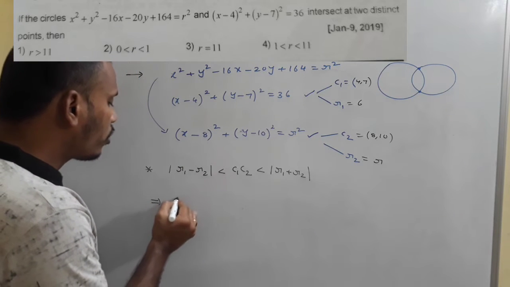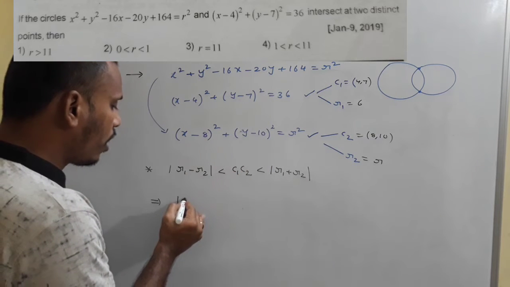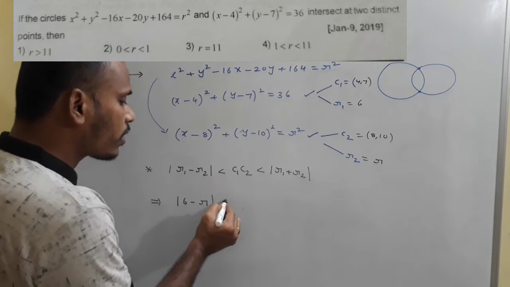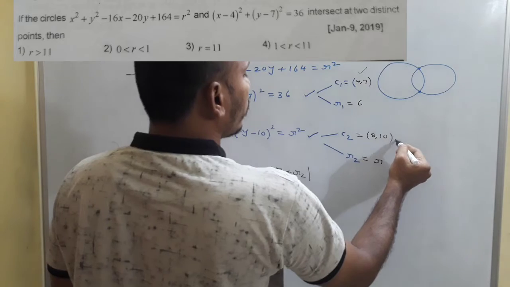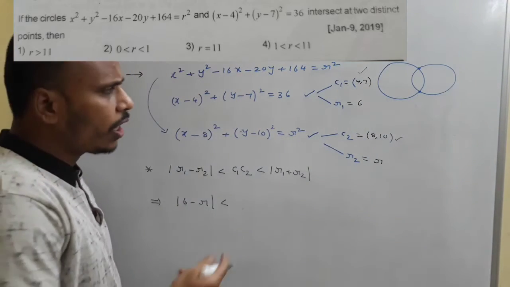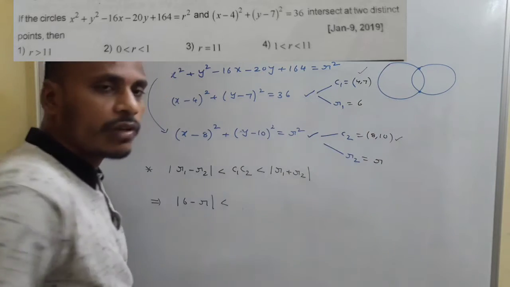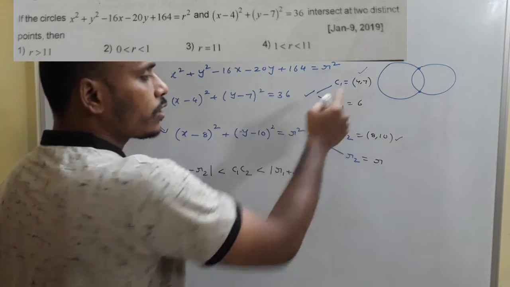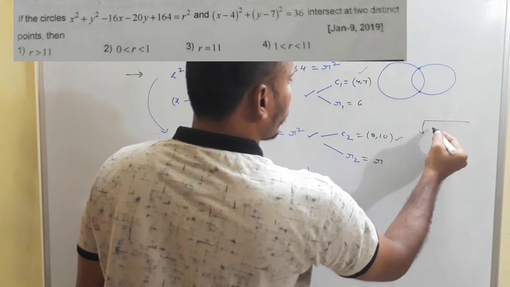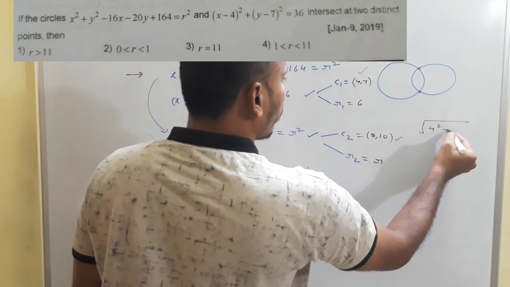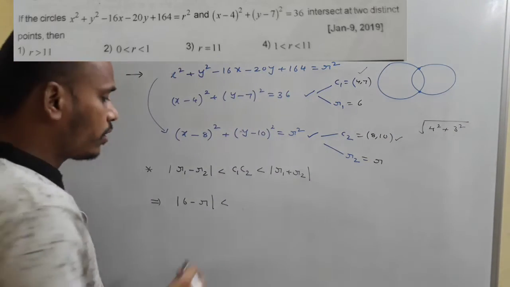Modulus of r1 minus r2. See, r1 is 6, r2 is r. So modulus of 6 minus r is less than the distance between the centers. Use these two points to find the distance between the centers c1c2. Root of (x2 minus x1) whole square plus (y2 minus y1) whole square. 8 minus 4 is 4, 4 square plus 10 minus 7, 3 square, and root of 4 square plus 3 square is 5.